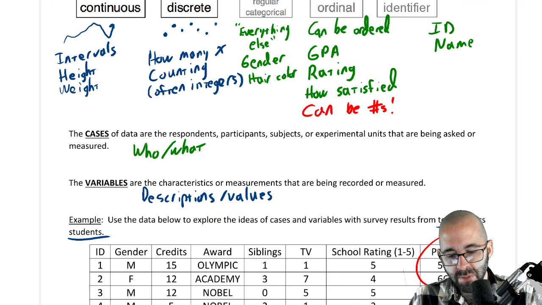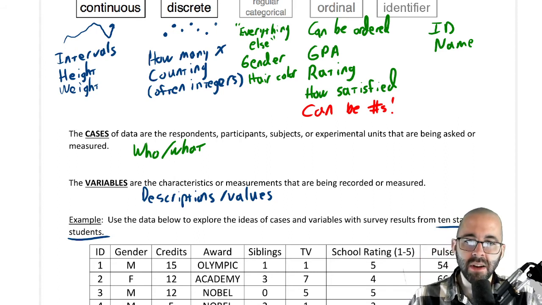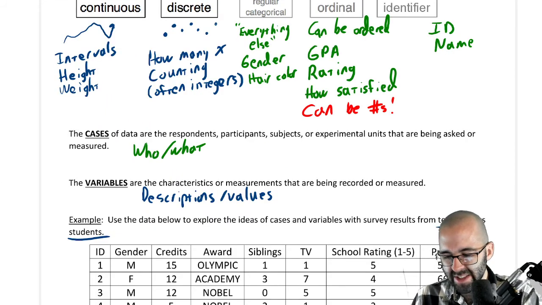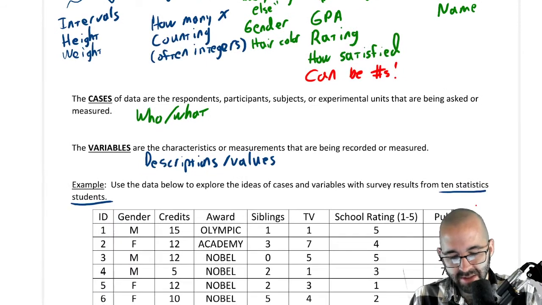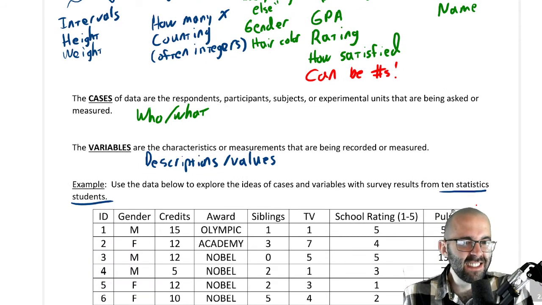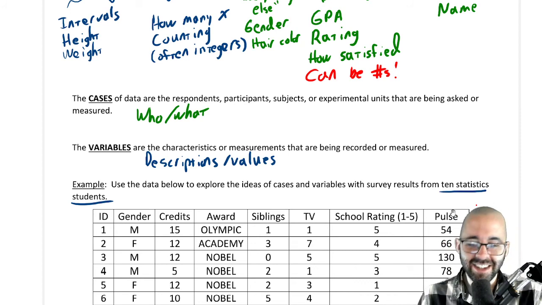And then last but not least, pulse. Pulse is a number, it's a value. It is not ordinal. You can add or subtract. The numbers have meaningful differences between them. Okay, so pulse is also going to be, would we say pulse is continuous or discrete? I would say normally that your pulse is continuous, because you can have like 68.5 beats per minute, I guess it depends on how you're measuring it, right?